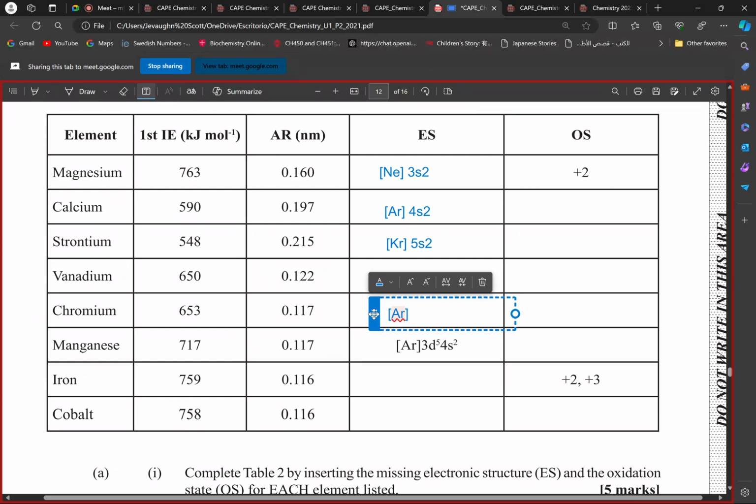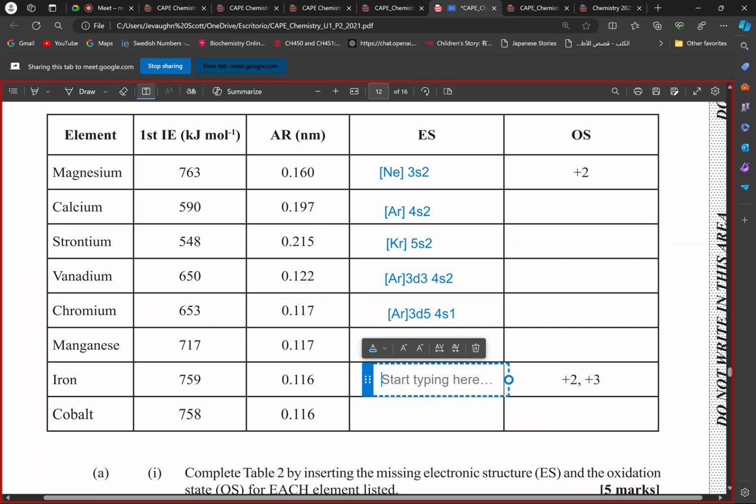For chromium, we know it would be 3d5 4s1. For iron, what would our iron be? Iron is 26, therefore it would be argon 3d6 4s2.